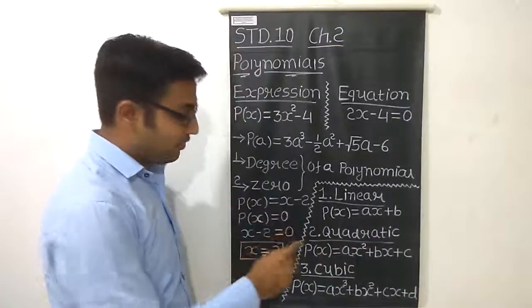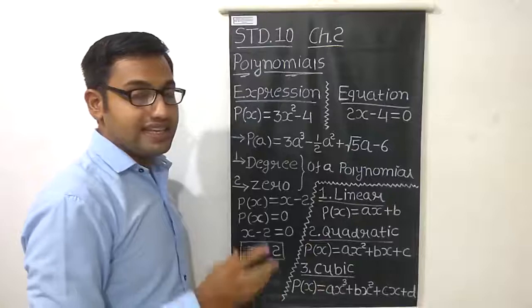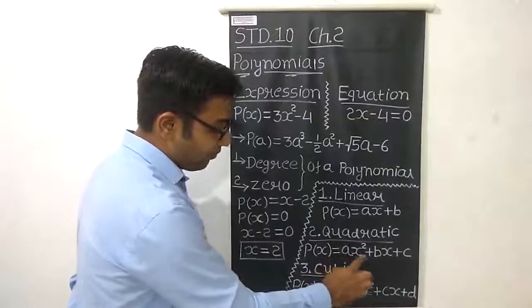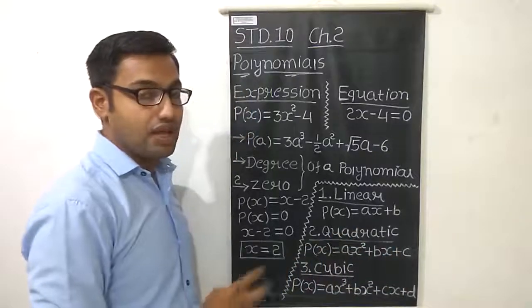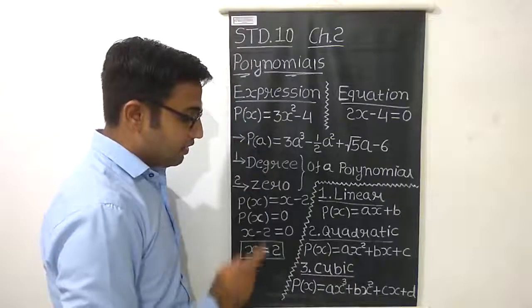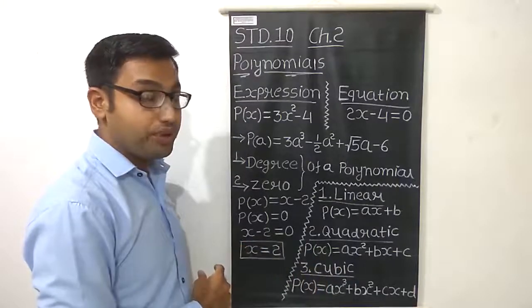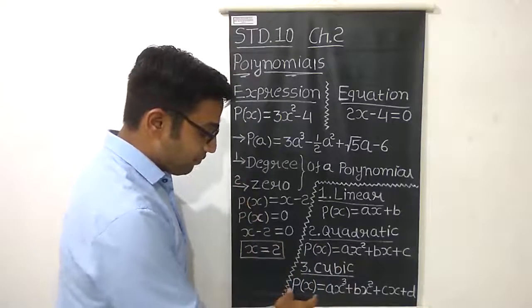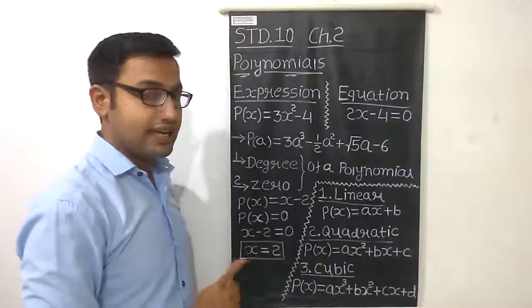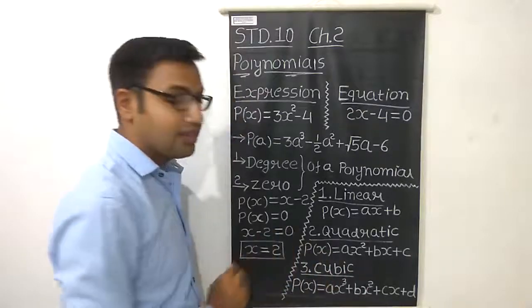The second one is the quadratic polynomial. The standard form is p of x is equals to ax square plus bx plus c. The maximum power of variable x here is 2. The third type is the cubic polynomial. The standard form is p of x is equals to ax cube plus bx square plus cx plus d, and the highest power is 3.